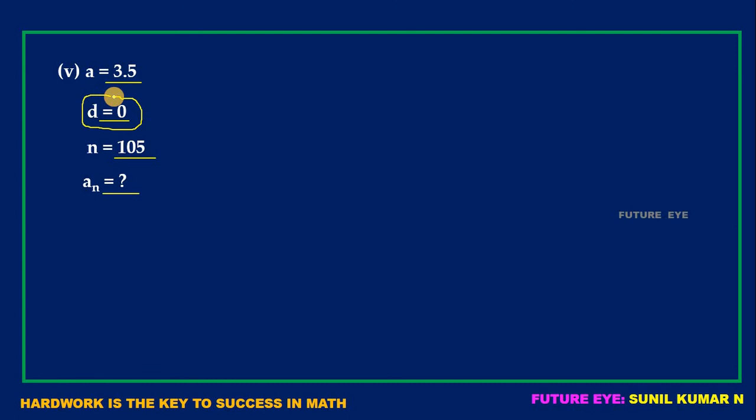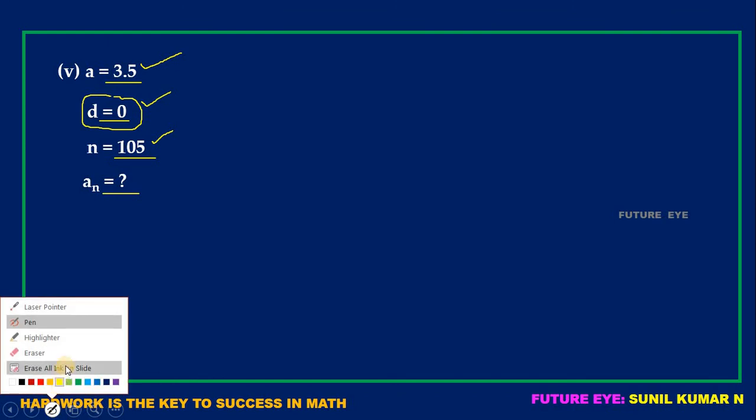Whenever D value is 0, children, all terms in an AP will be 3.5 itself. First term also 3.5, second term, third term, 50th term, 100th term. See here they are asking 105. So the 105th term also will be 3.5 itself, because D value is 0.